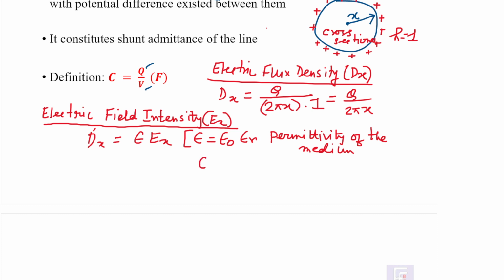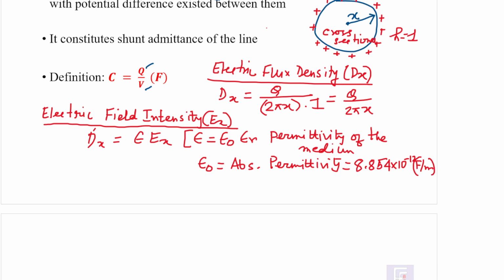Now epsilon naught is called the absolute permittivity, which is equal to 8.854 into 10 to the power minus 12 farad per meter.